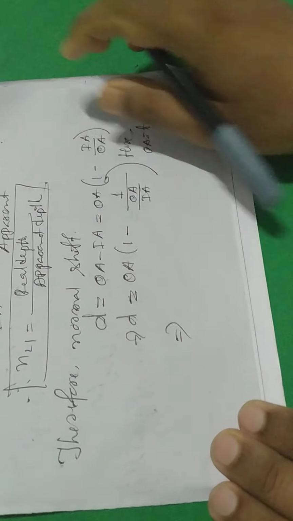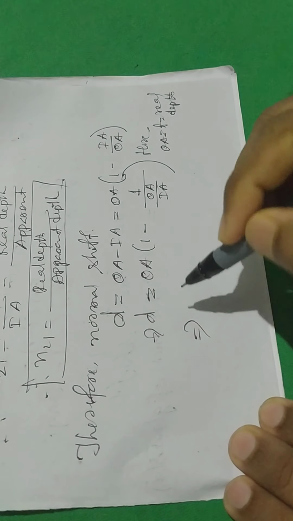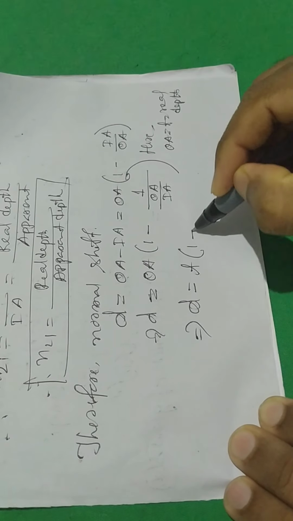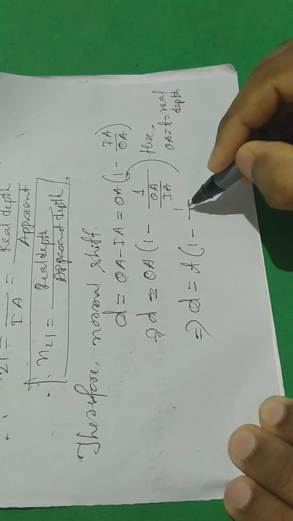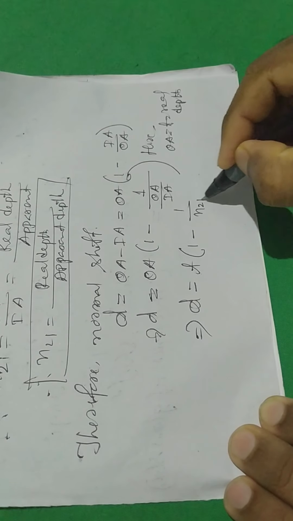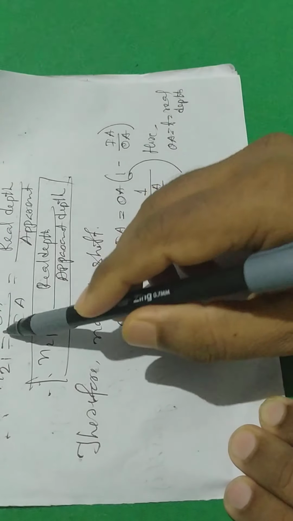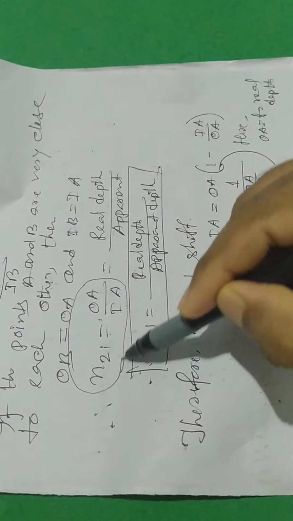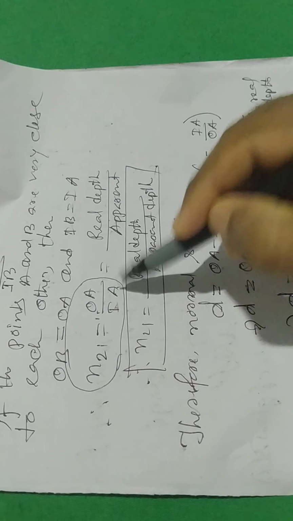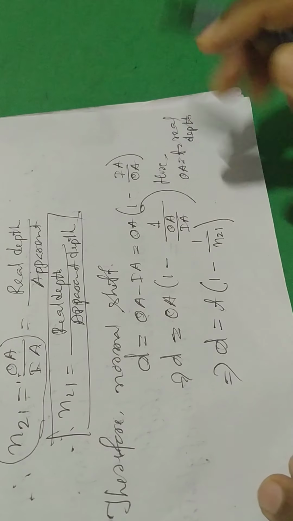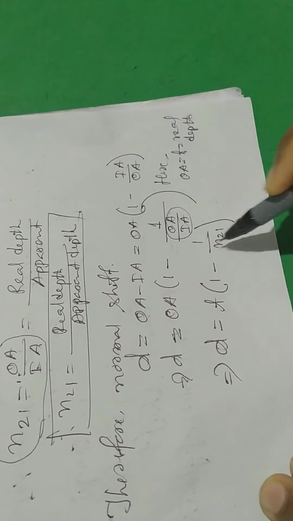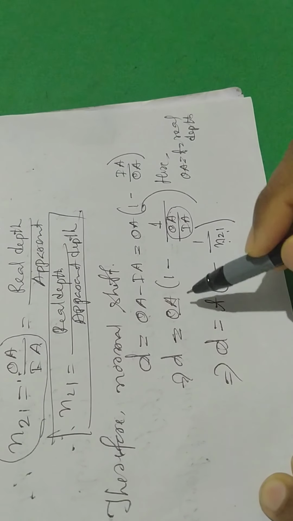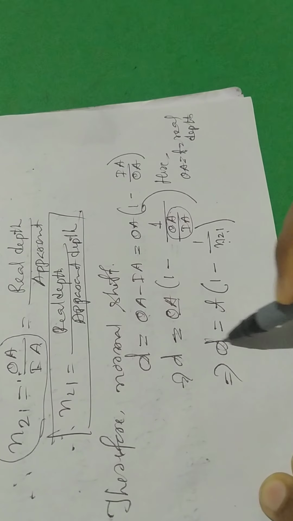Therefore, D equals t times 1 minus 1 upon n21, since n21 equals OA by IA, and OA is the real depth t.